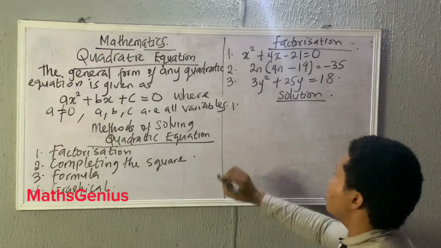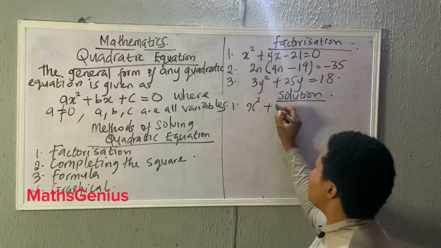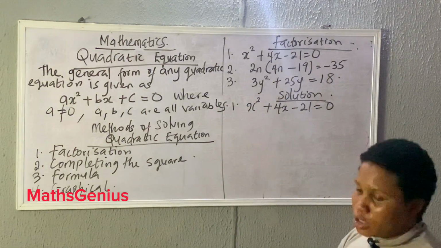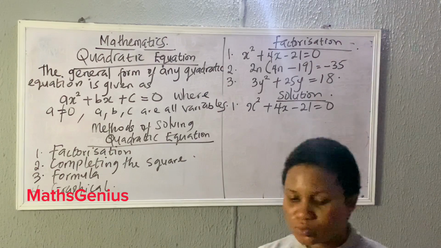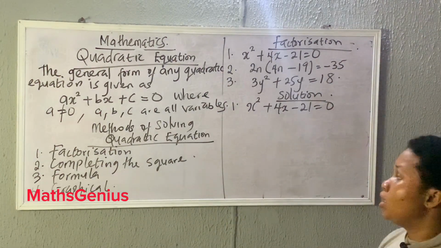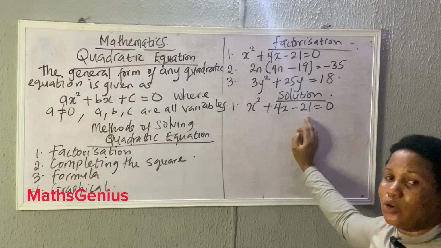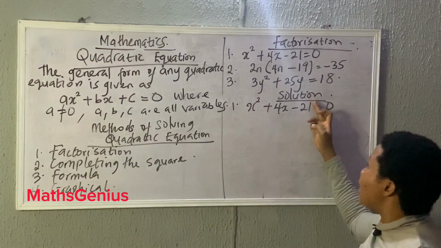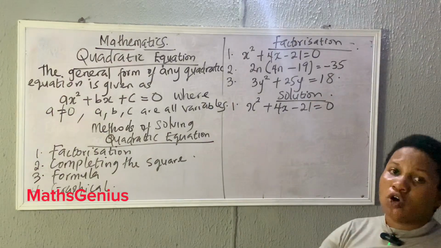The first question, we have x squared plus 4x minus 21 equals 0. Now to solve this question, we need to multiply the first term and the constant together. What do we call a constant in mathematics? Any number that does not have a letter is what we call a constant.